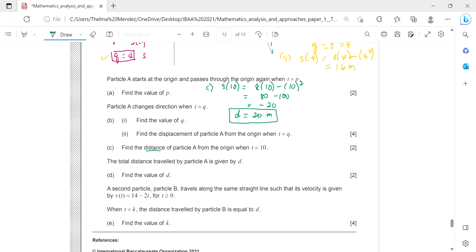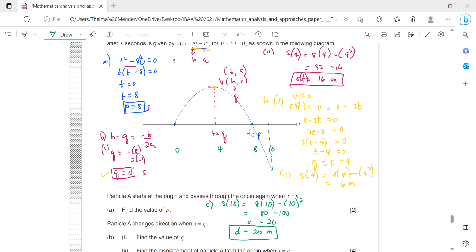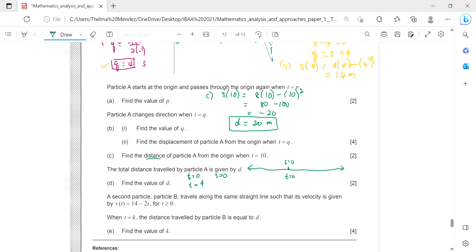We can use a motion diagram to illustrate our distance. So let's say we start here, t equals 0, s is equal to 0. When t equals 4, is that where it changes direction? Yes, 4. And we already know this to be 16.